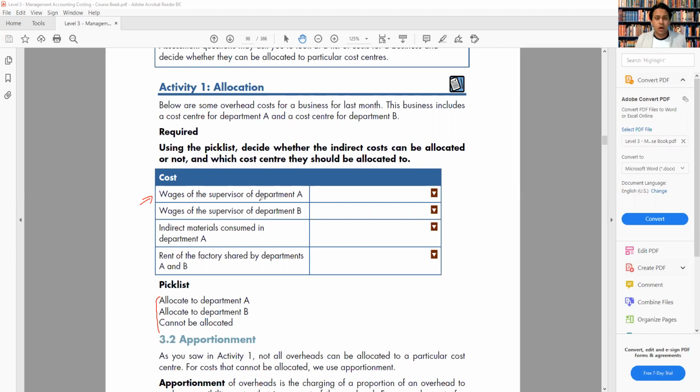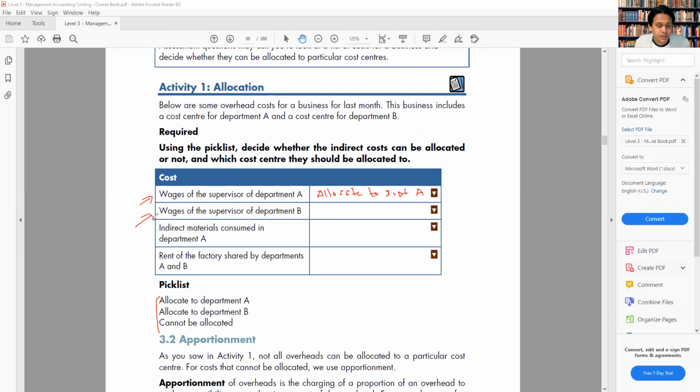And I know this cost, this salary and wages exactly for the department of A, so I can allocate directly. I said, yes, allocate to department A.